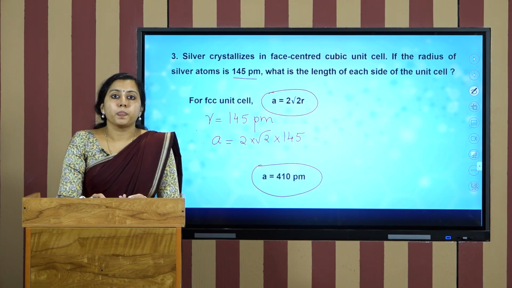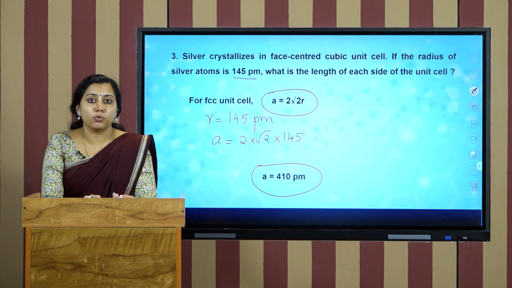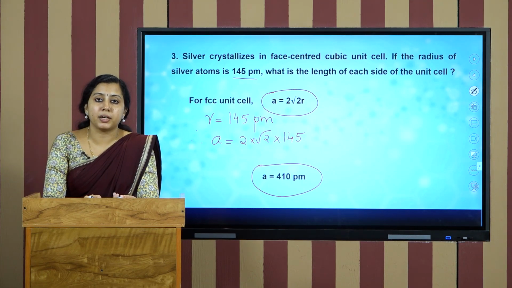Okay. So, in this class, we have discussed different types of voids or holes formed during close packing of spheres, the characteristics of such voids, namely the characteristics of tetrahedral and octahedral voids.